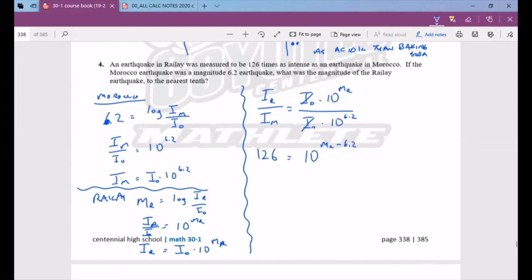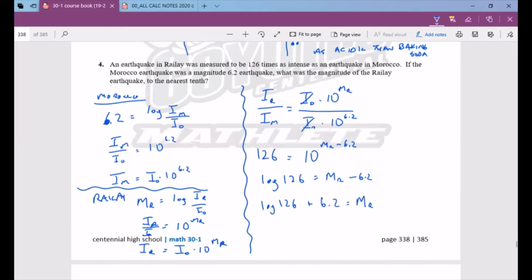We swap this around into logarithm form. And this ends up being logarithm of 126 is equal to MR minus 6.2. We add 6.2 to both sides, and we get logarithm of 126 plus 6.2.